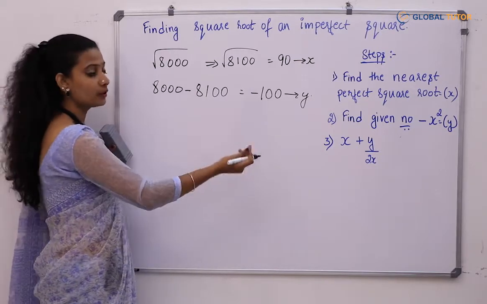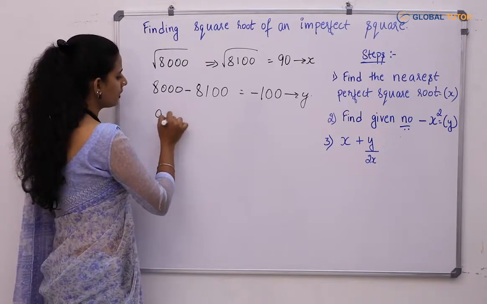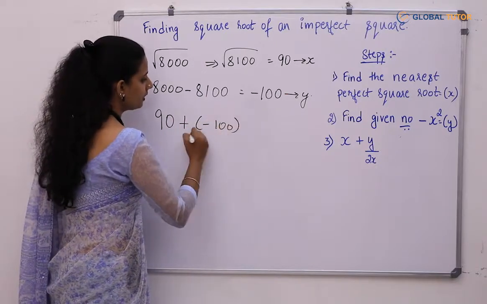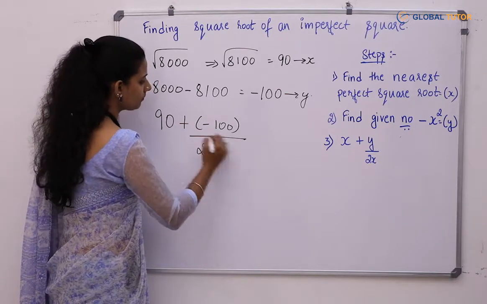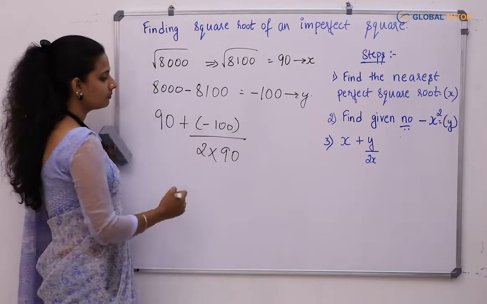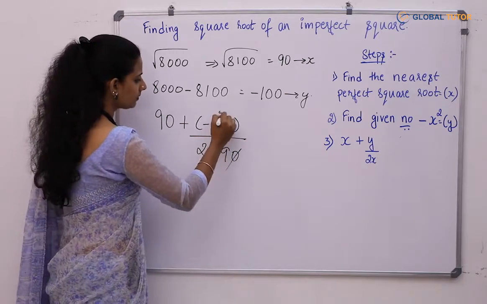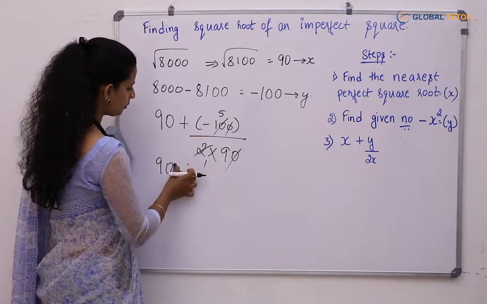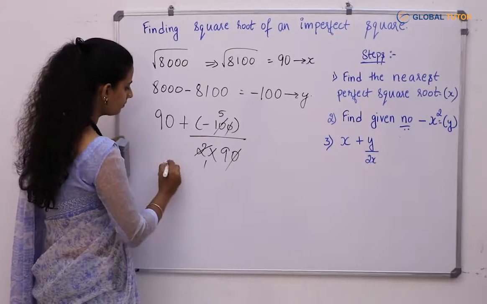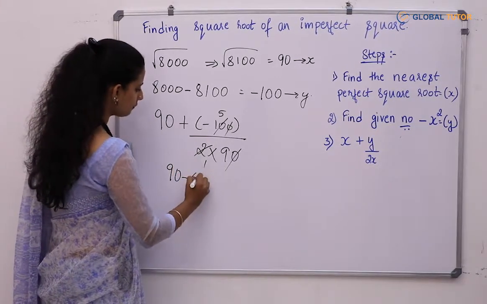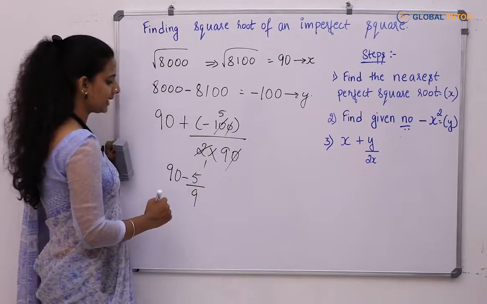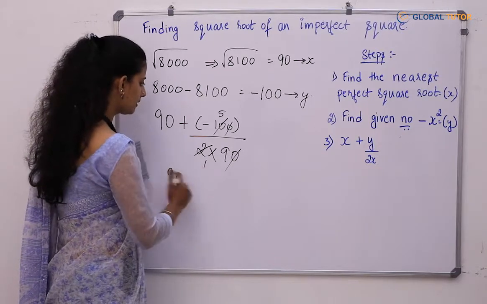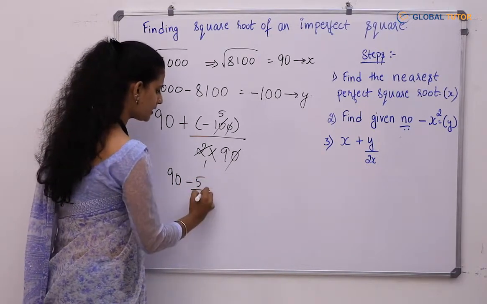In the last step you write x, which is 90, plus y, which is minus 100, divided by 2 into 90. So this will be 90 minus 5 divided by 9.